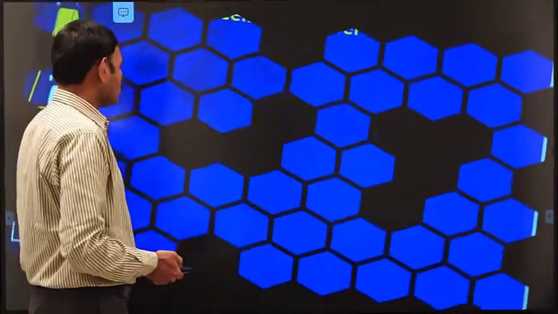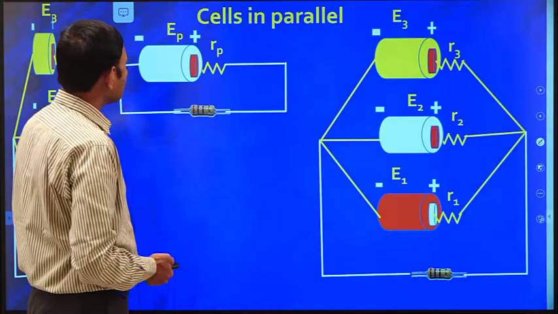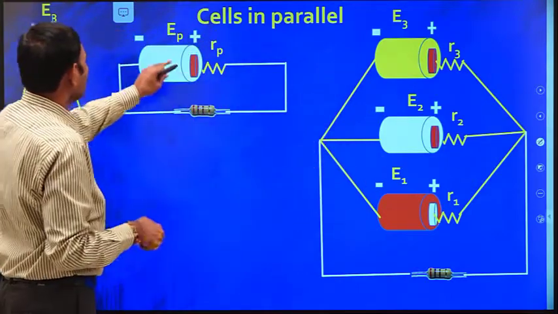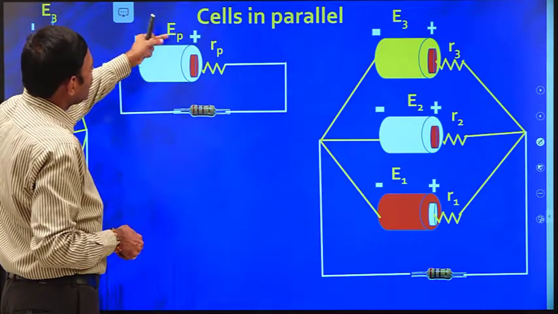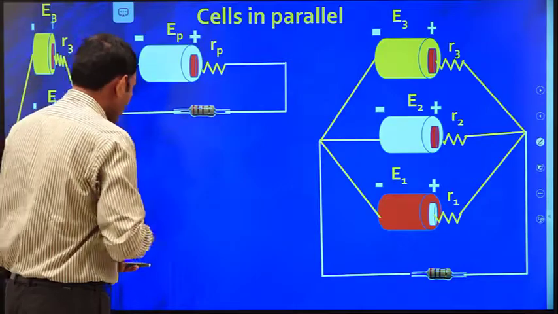Here, rearranging this one, students, when you make this combination a single cell, this combination of cells is considered a single battery. Let EP be the effective EMF of this battery in parallel combination, RP is the effective resistance, capital R is the external resistance.